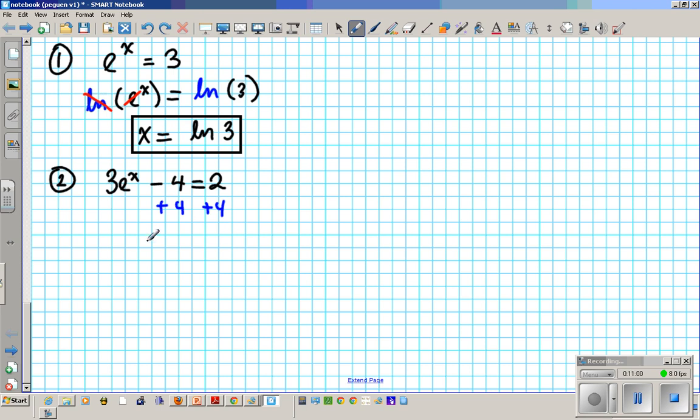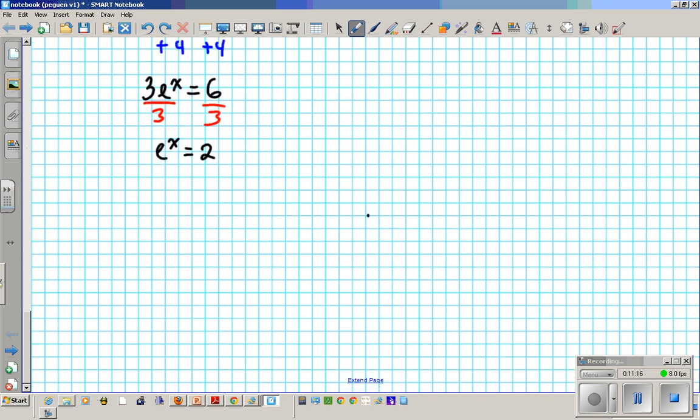And then that yields 3e to the x equals 6. Next item to eliminate is the 3. So divide both sides by 3. That yields e to the x equals 2. Alright, now, what is the inverse of e? The inverse of e is natural log, so you take the natural logarithm of both sides.